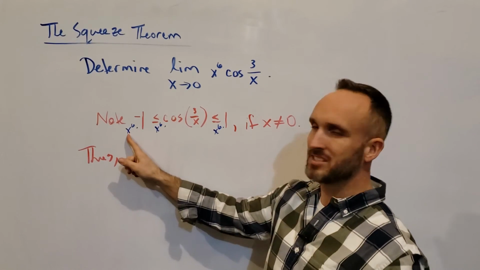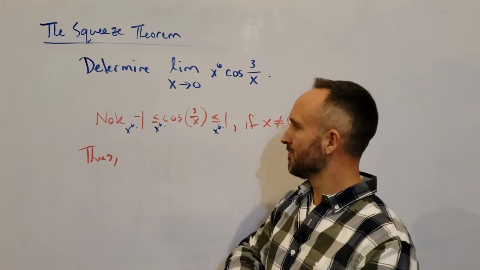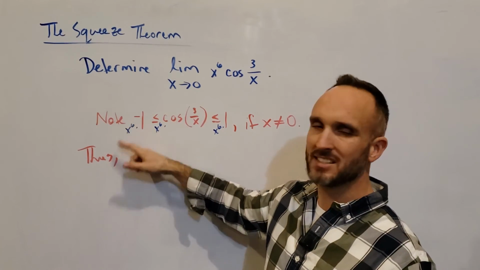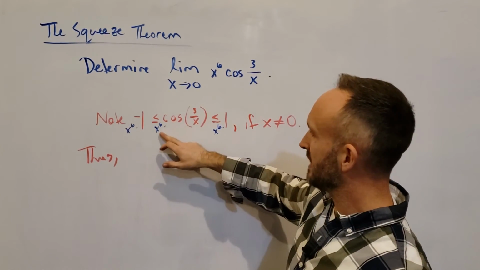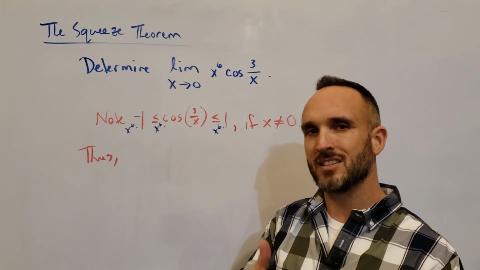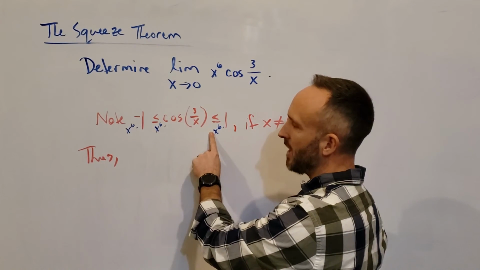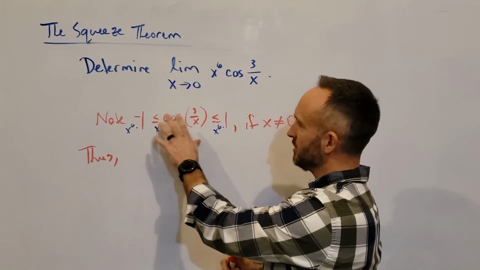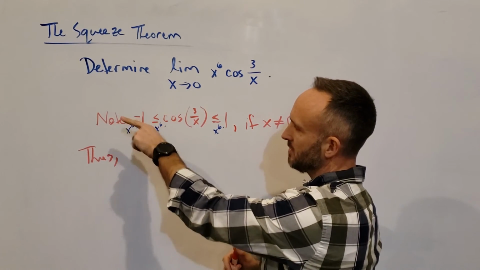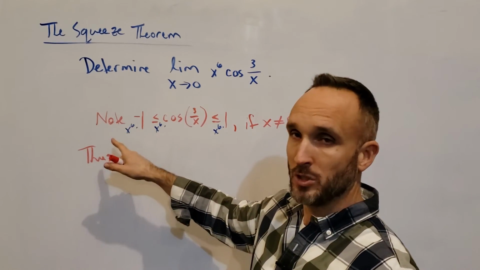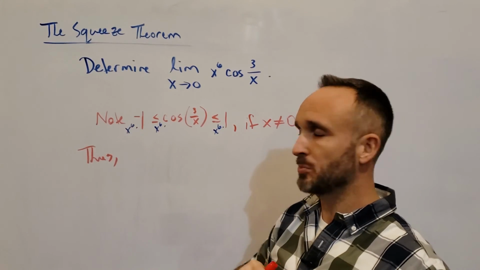Notice that x to the 6th, no matter what x is, x can't be 0. If x is negative, x to the 6th is positive. If x is positive, x to the 6th is positive. This is another key. So I'm multiplying by something positive, so my inequalities will not switch to face the other direction. So keep that in mind. You have to be careful when you multiply an inequality by an expression.